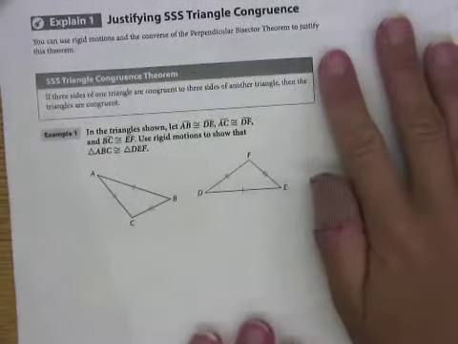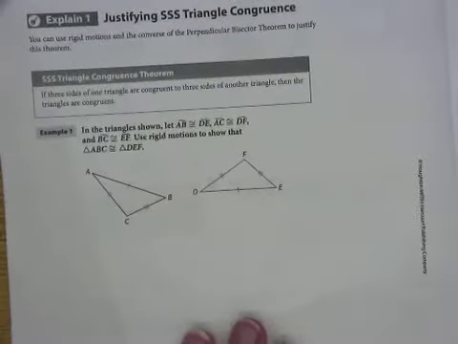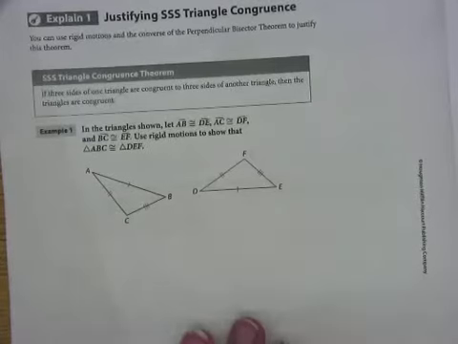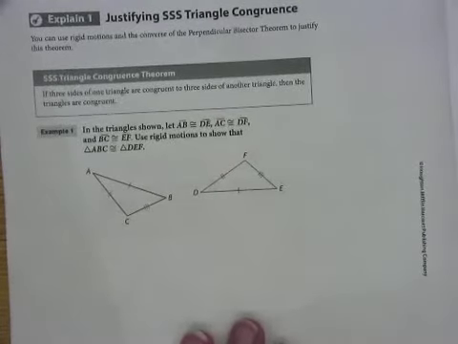So in this example, they're asking us to use rigid motions to show that one triangle is congruent to the other. Because remember, from 2 chapters ago, if we can perform a sequence of rigid motions to one figure to map it onto another, that was the first definition we had of congruent figures.